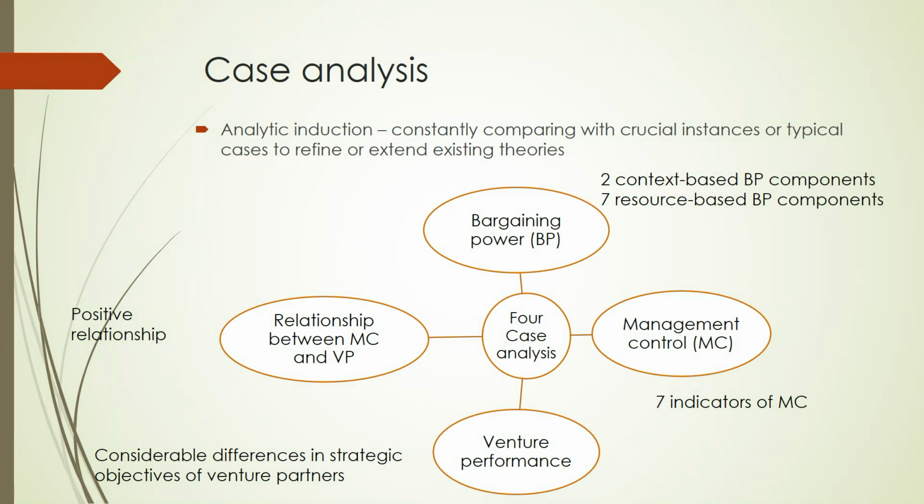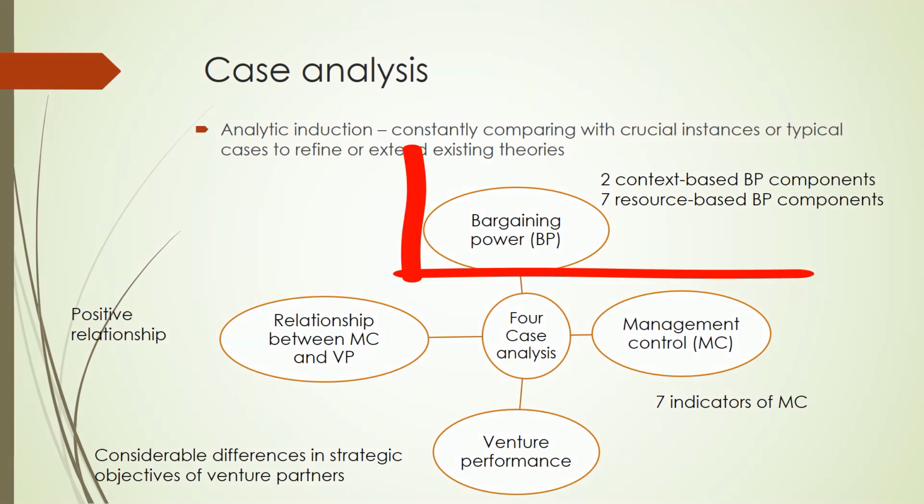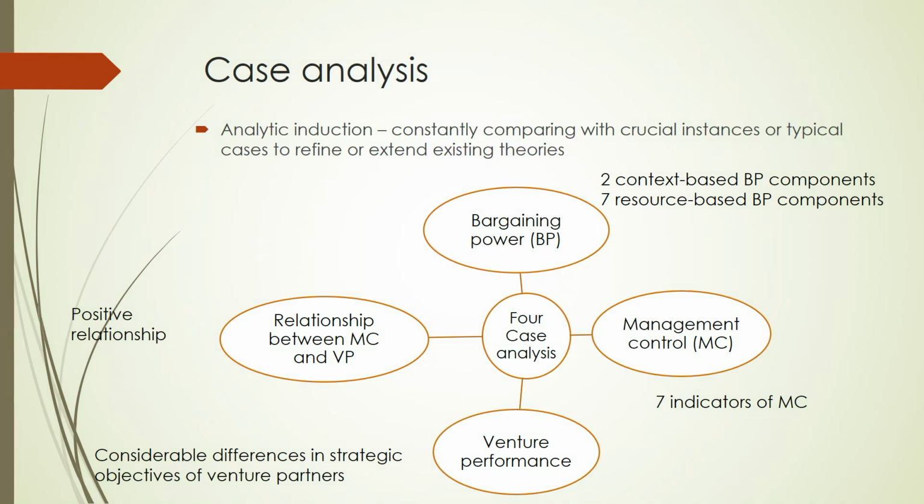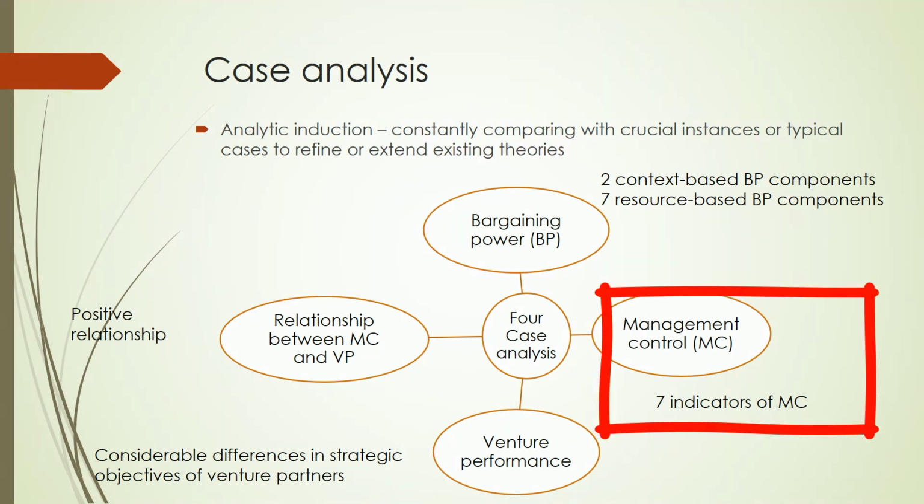Using the 4 cases, they found bargaining power has 2 context-based components and 7 resource-based components, and there are 7 indicators of management control.